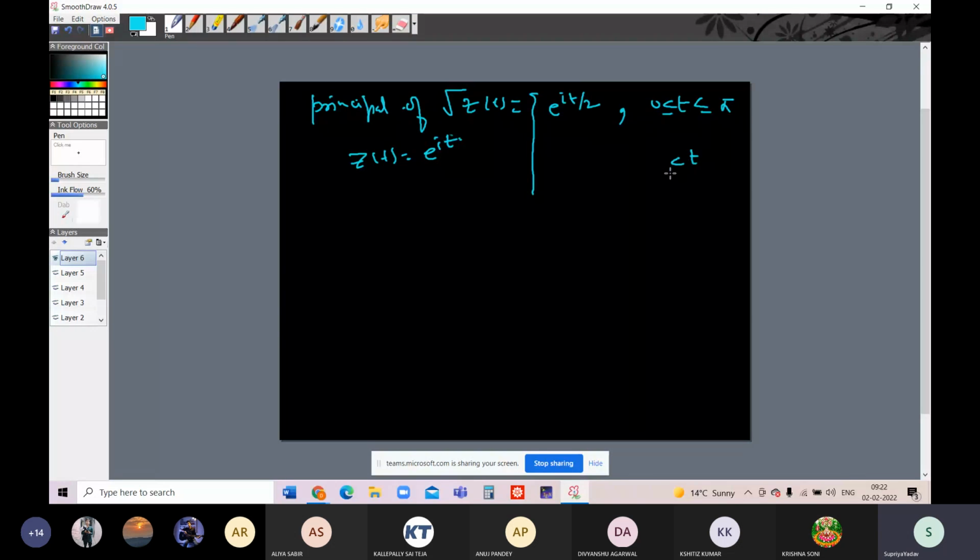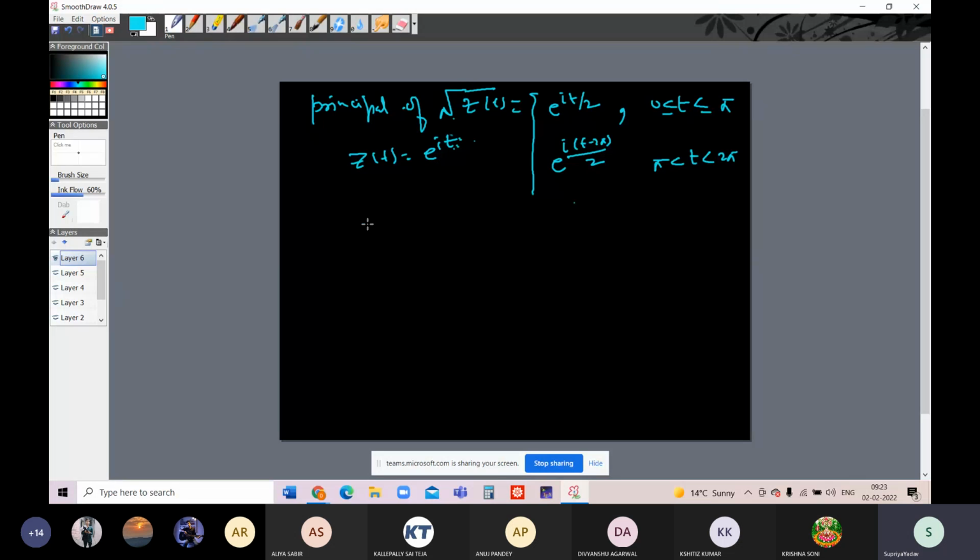And when t lies from pi to 2 pi, because we are taking t equal to 2 pi as a branch cut, the principal argument for this function will be t minus 2 pi. So square root of z(t) will be e^(i(t minus 2 pi)/2), divided by 2. It will be the principal value for this function square root of z(t).